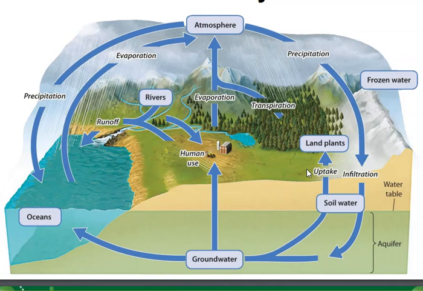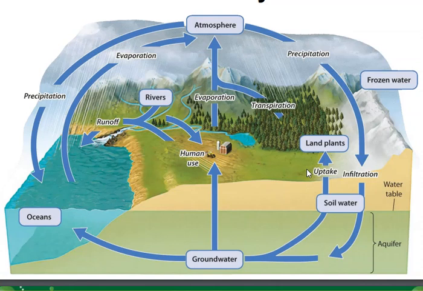So water will evaporate into the atmosphere, but once it gets high up, that water vapor cools down. And when water vapor cools down, it turns back into a liquid. The liquid up in the atmosphere gets too heavy, so it falls back down to the earth as precipitation, also known as rain or sometimes snow too.